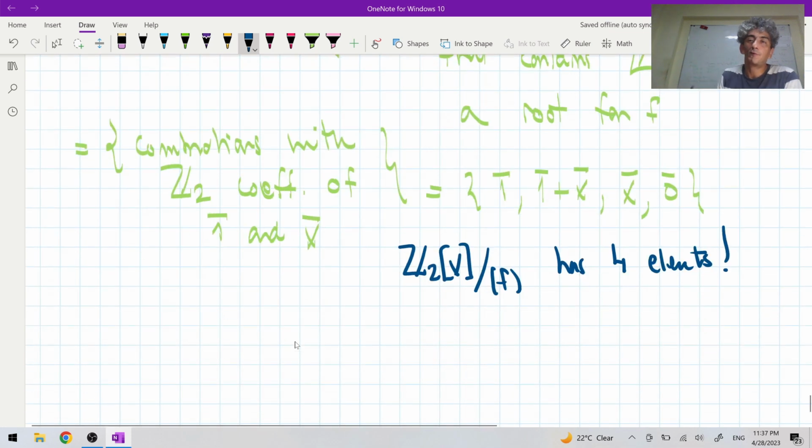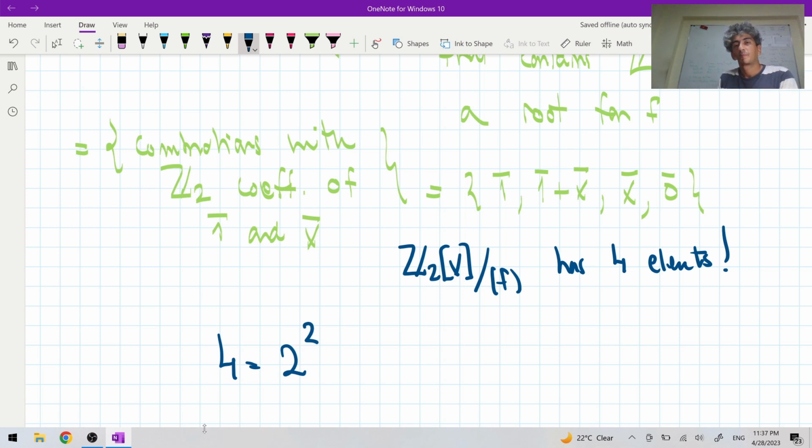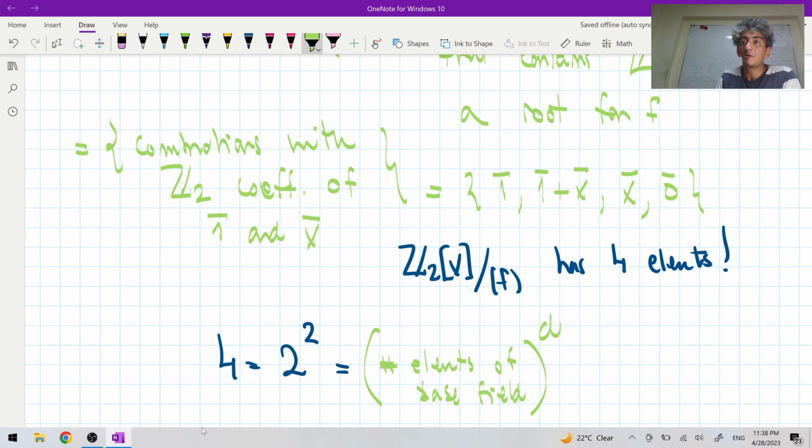And 4 can be thought as 2 to the power of 2, which is the number of elements of the base field to the degree of the irreducible polynomial that we use to construct this new field.